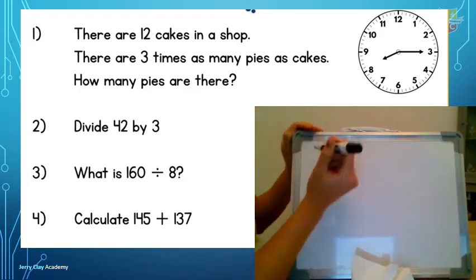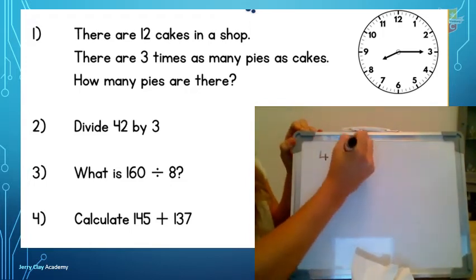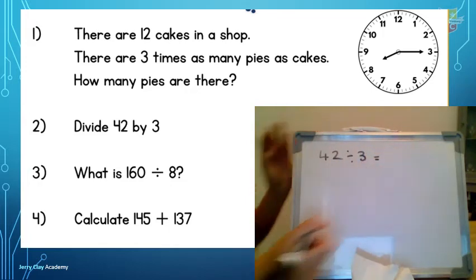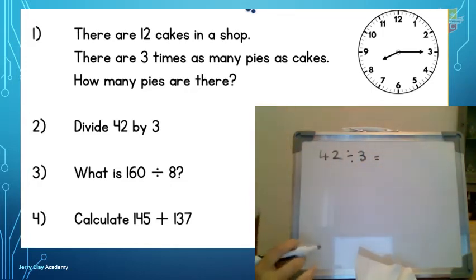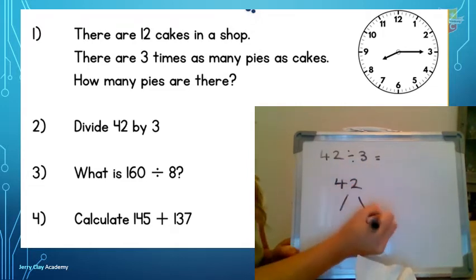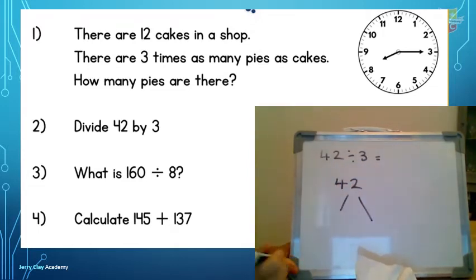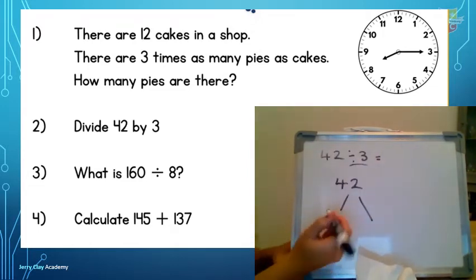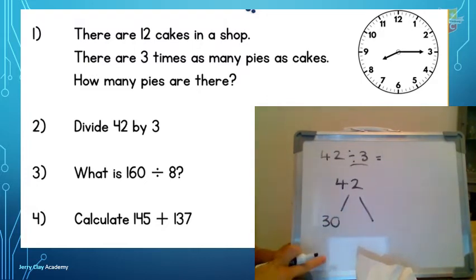Okay, so this time we're doing 42 and we're dividing by 3. Now we could have counted up in our 3 times table, or because it's a bigger number, I can partition my number 42 into 2 numbers. Because I'm dividing by 3, I'm going to go 3 times bigger, which is 30, and I want to know how many are left over. So I've got 0 ones, I want 2 ones, so I've got 2 ones left over.